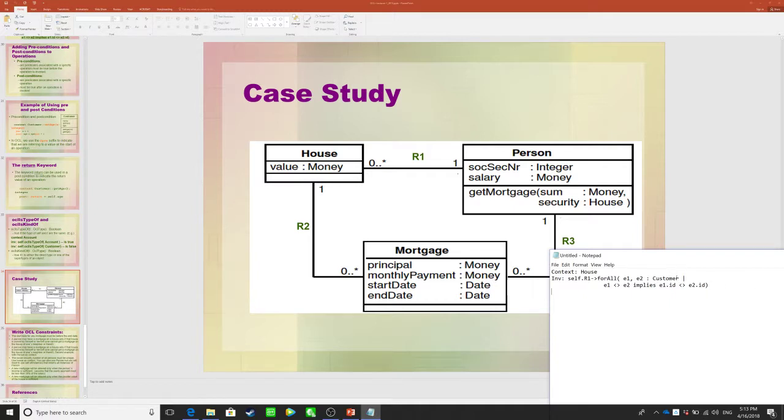E1, E2, which are persons, right? Person. So E1, E2 implies E1.ID... when you use the social security number, right?